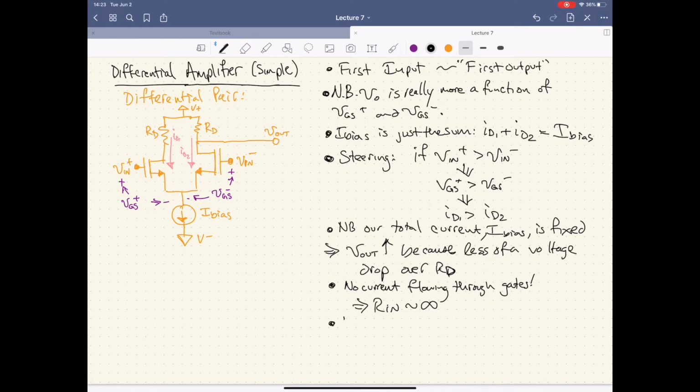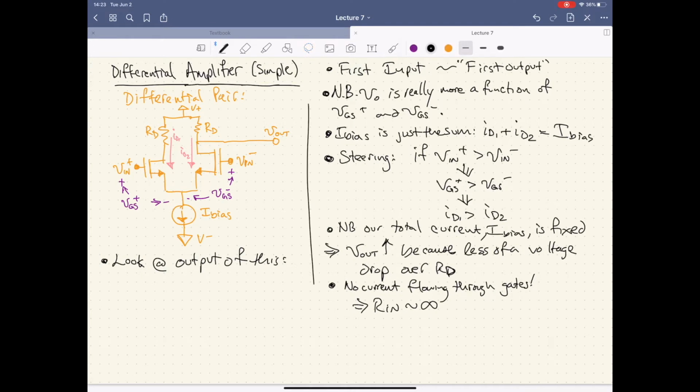So if we look, though, at the output of this, what do we end up with? Actually, I'm going to move this bit over here. Okay.